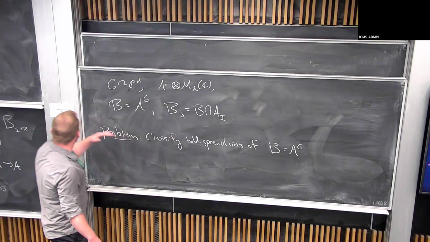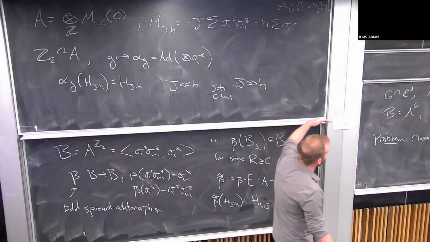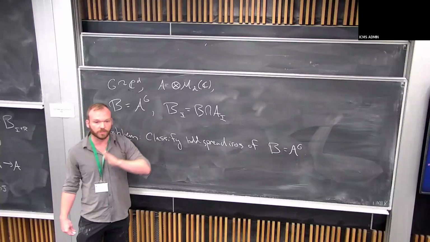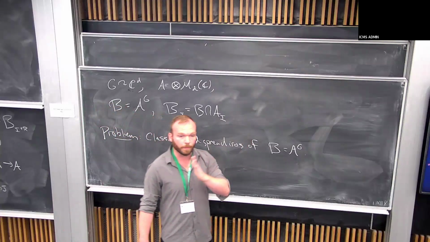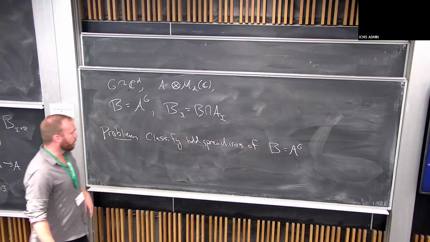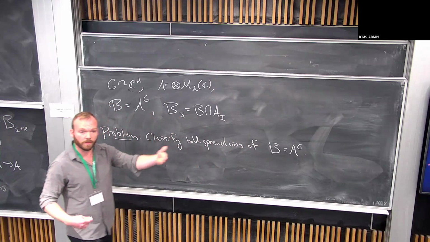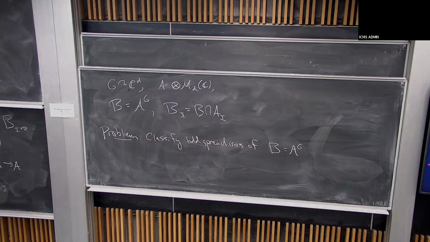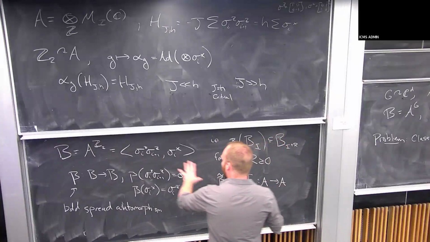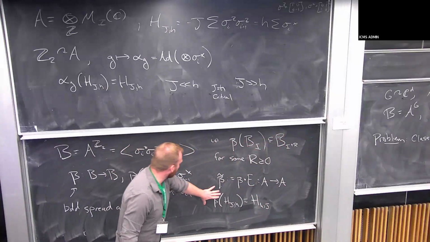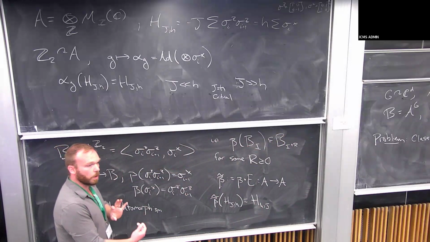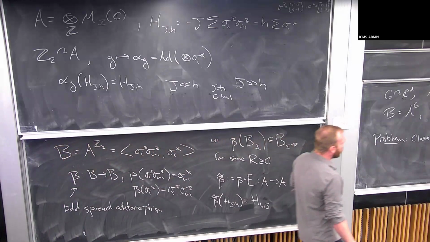And as before, this gives you a duality channel in the big one because there's this canonical conditional expectation. You just average over the group elements, the automorphisms, and you get a conditional expectation onto the fixed point, and you can compose them to actually get a channel on the big one that does interesting stuff. Okay, so you can reduce this problem of these duality channels to just these bounded spread isomorphisms on the small one, and you want to classify those. But the question is up to what?